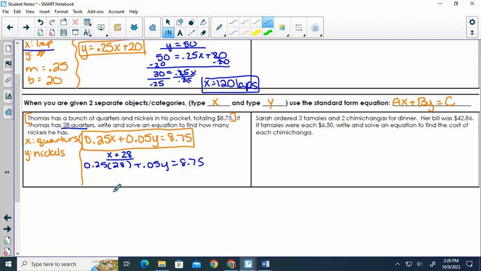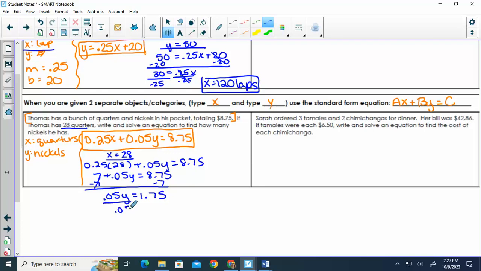So 0.25 times 28 gives me a 7. And then what would we do? Minus 7. So we have 0.05y equals 1.75.